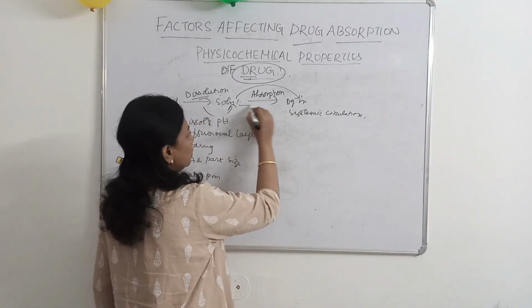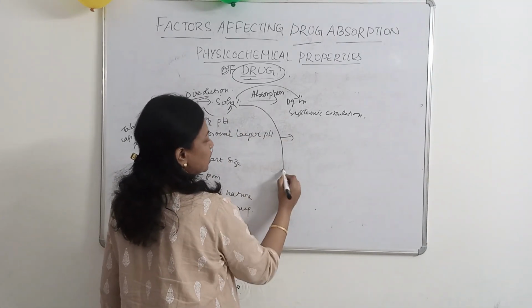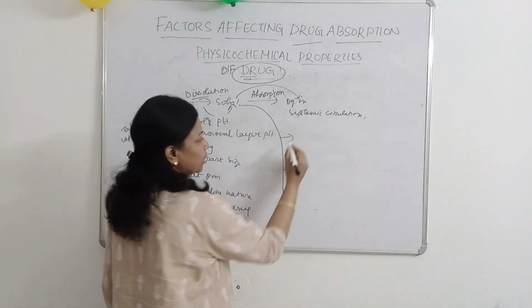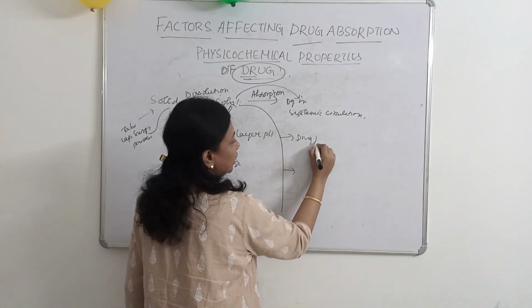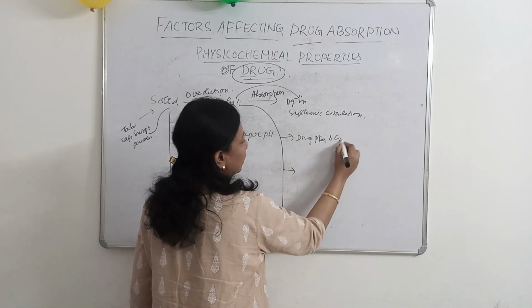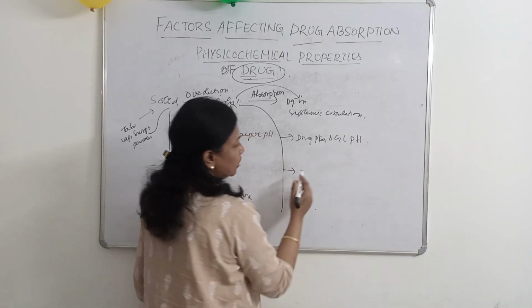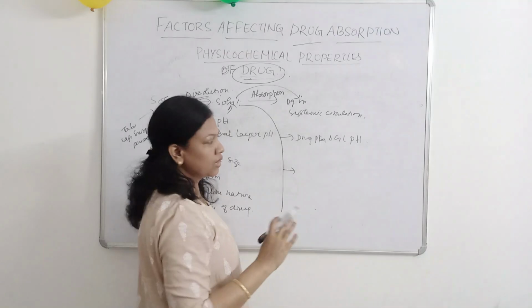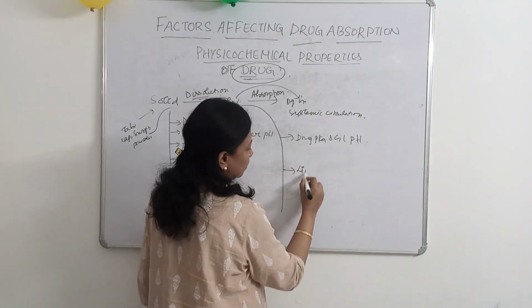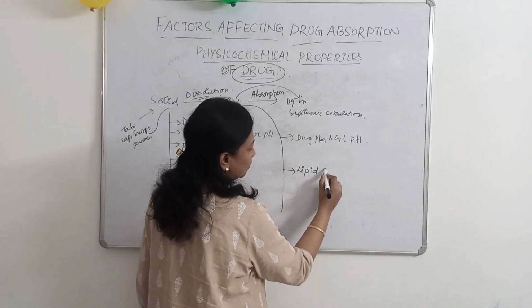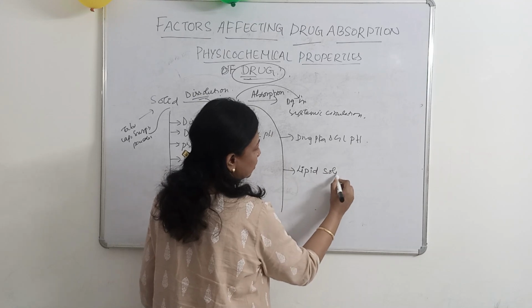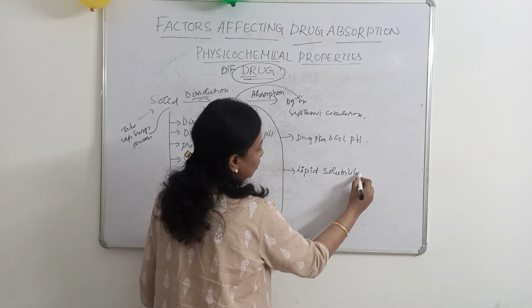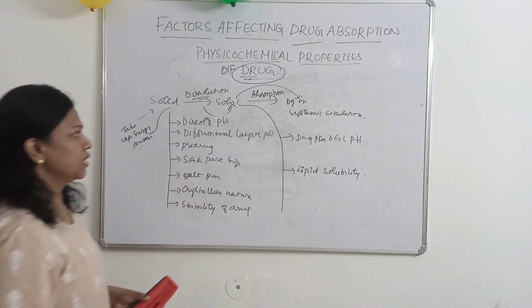And when the drug goes into solution, there are two factors that are going to affect drug absorption, that is the pKa of the drug and the GI pH where it is placed. The next property of the drug to be considered is lipid solubility or its lipophilicity.